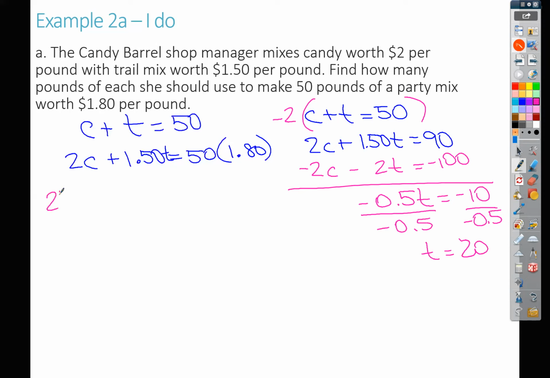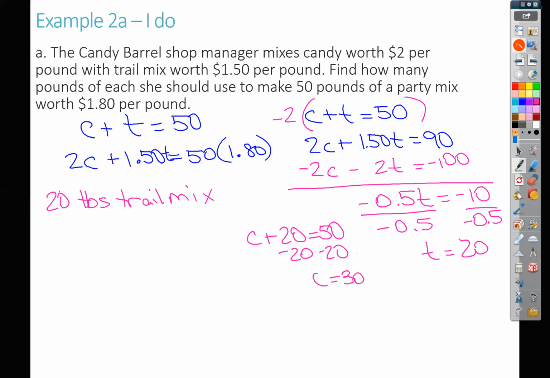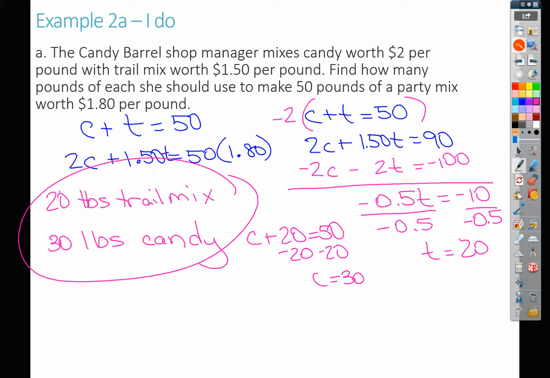So 20 pounds of trail mix. And that would mean that if C plus T equals 50, then I need 30 pounds of candy. Now, with all that being said, there are multiple ways to solve this problem. This is just one of them.